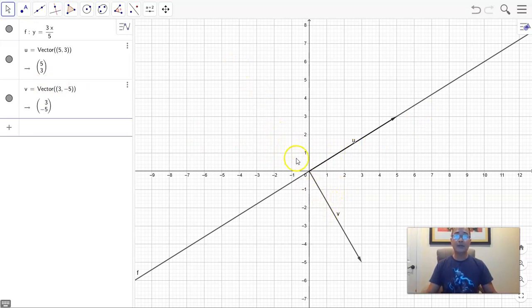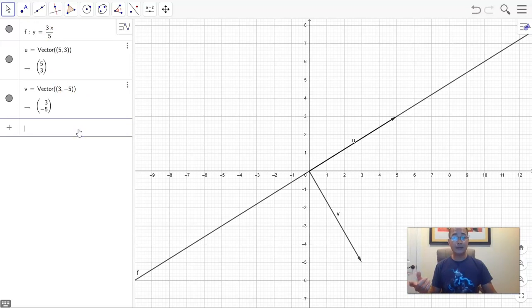Well, of course. Any vector parallel to v, a scalar multiple of v, will be perpendicular to this line as well. So it looks like we're going to get a second line, a second line passing through the origin, which is perpendicular to our first line, y equals 3x over 5. And I hope you remember our basic algebra.